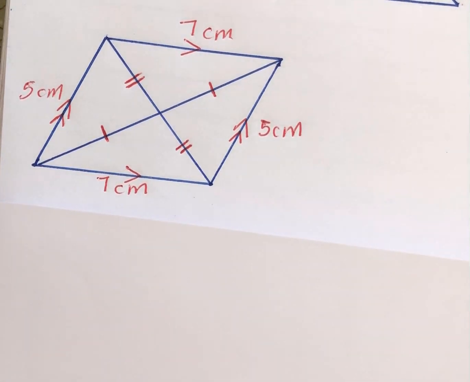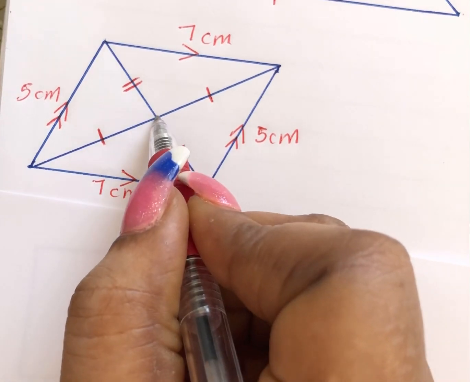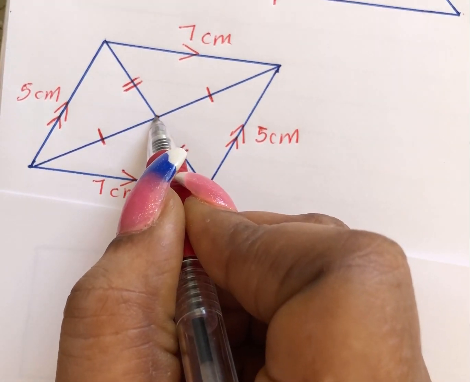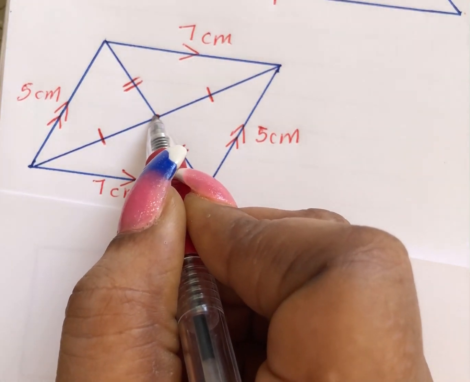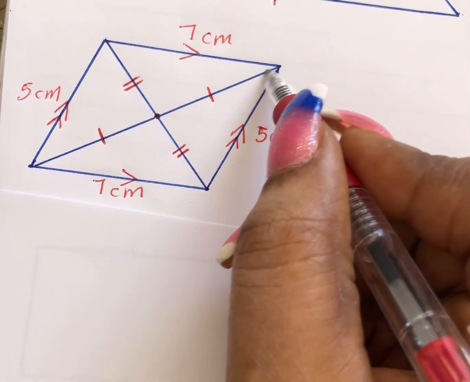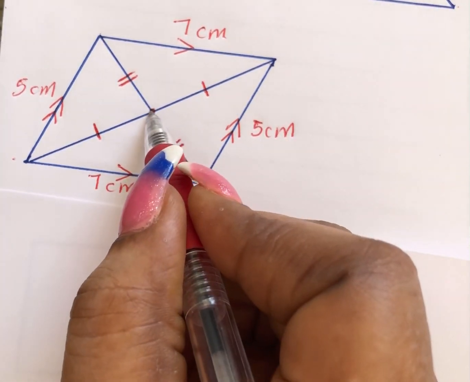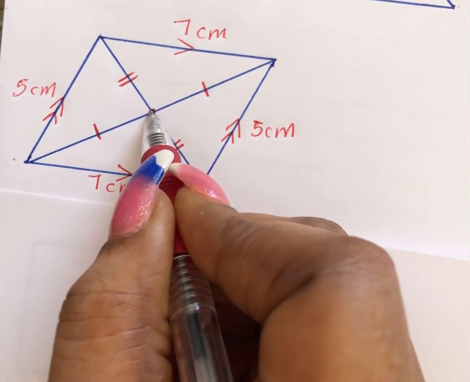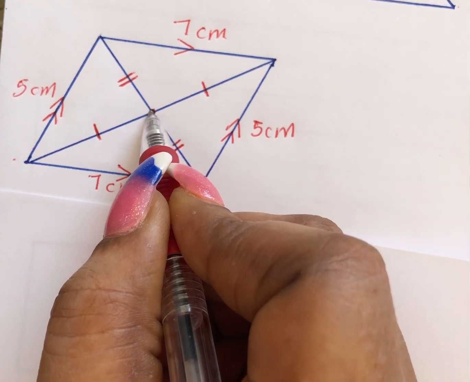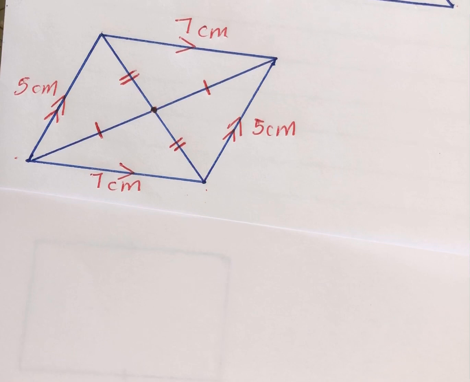And there are two diagonals formed that intersect each other at the something. What is the something that I am referring to? The something is the midpoint. This is where this diagonal and the other diagonal cross or intersect each other. This is called our midpoint, the point where they intersect.